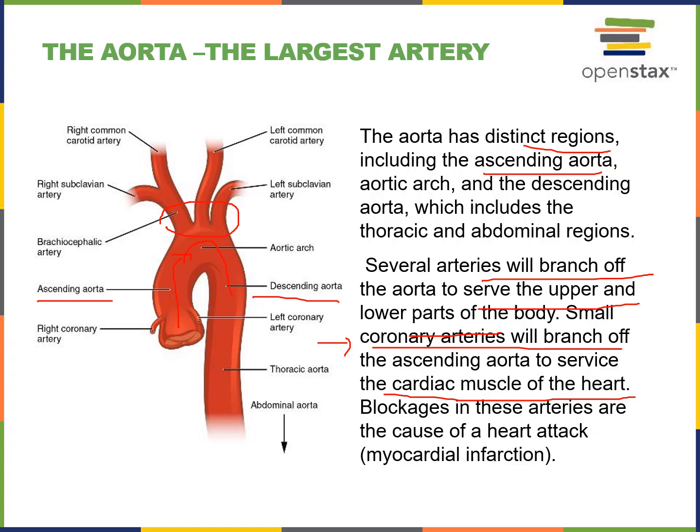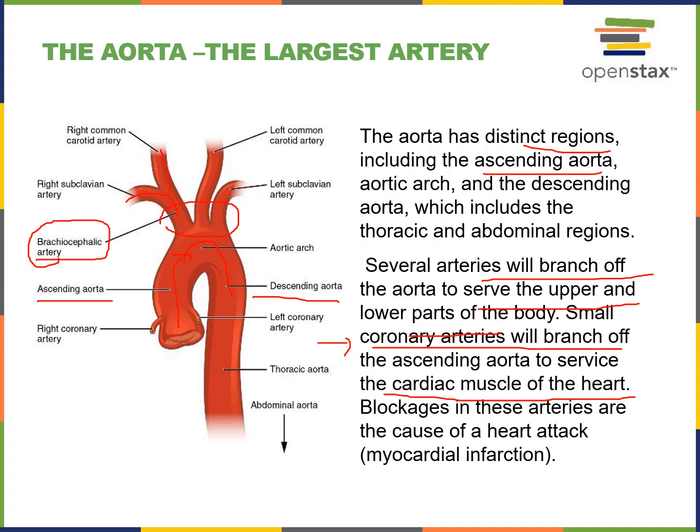So the heart is mostly muscle. This diagram here just allows you to see the first branch is the brachiocephalic artery, which then branches to give you the right subclavian artery and the right common carotid artery.